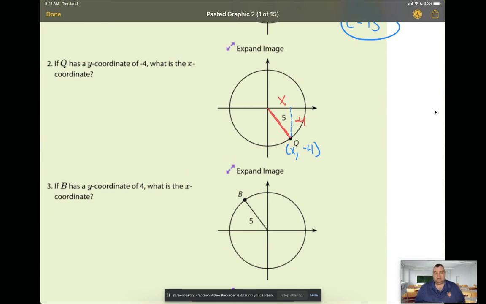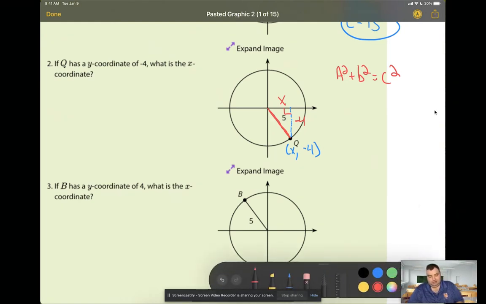So I'm once again going to use my a squared plus b squared equals c squared. The only difference is now the 5 has to be my c because that is the hypotenuse, the side across from the right angle. So the hypotenuse or the radius has to be c.